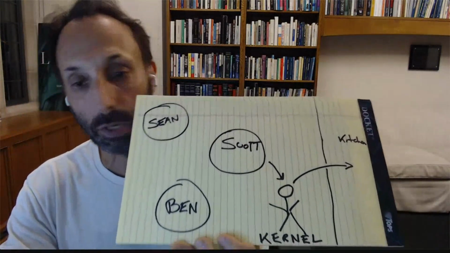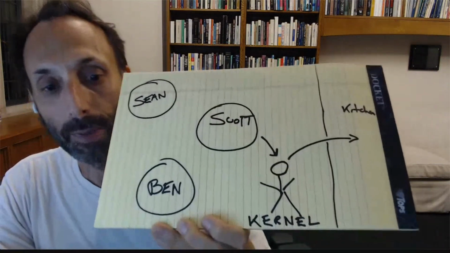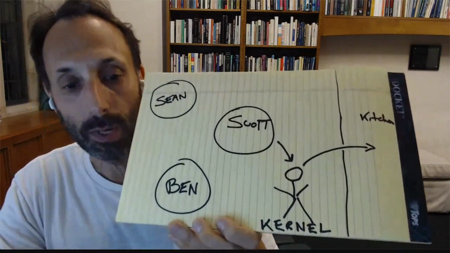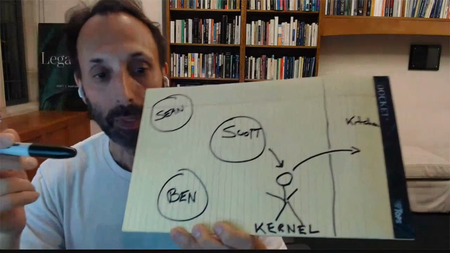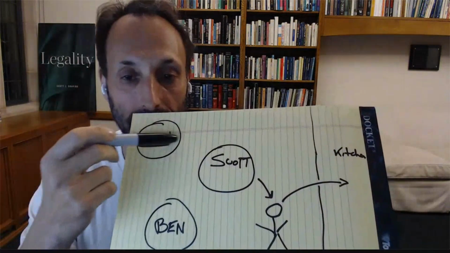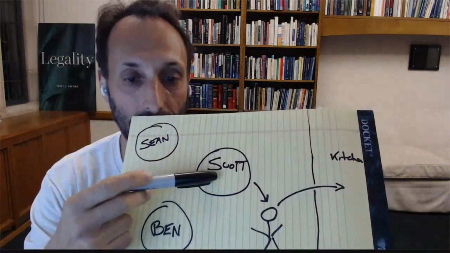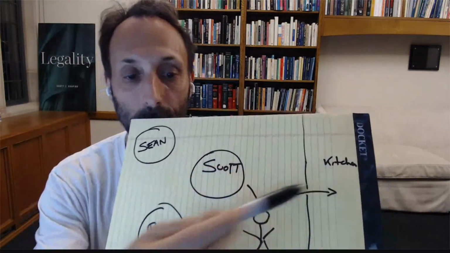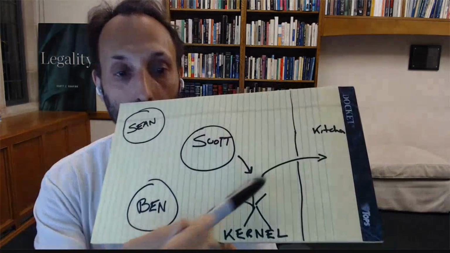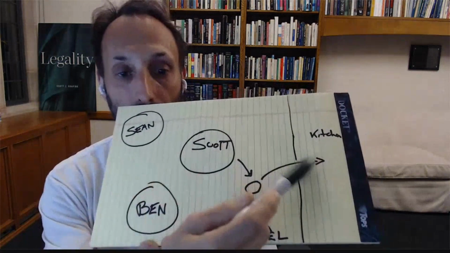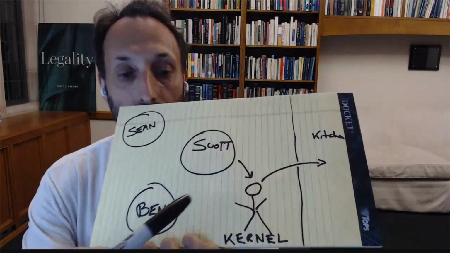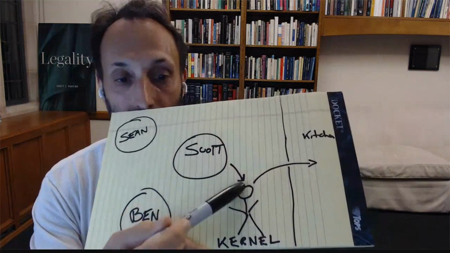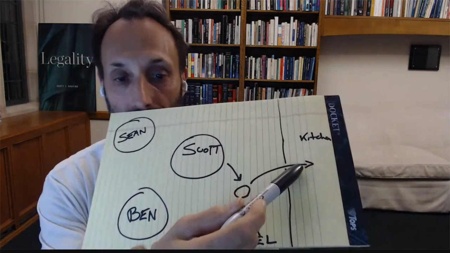Recall that when I was talking about the kernel, I said that the kernel was a bit like a waiter. These are the customers. This is my table, this is Sean's table, this is Ben's table, and we want the food from the kitchen, but we have to ask the kernel to go in and get it. We can't go in directly. If I order my food, the kernel will go into the kitchen and bring it back.